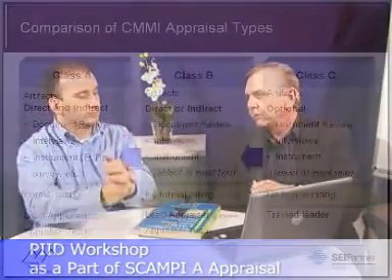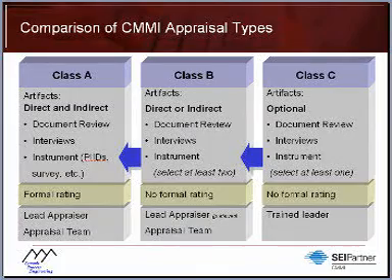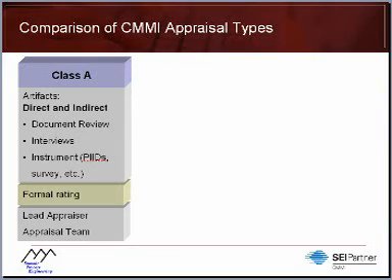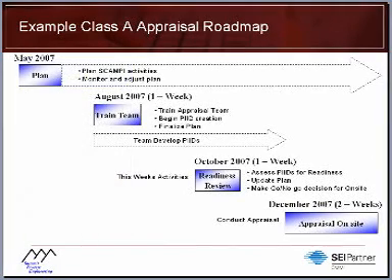As I had talked about earlier, there's 3 levels of appraisal: Class C, Class B, Class A. Class A is the only appraisal that the SEI allows lead appraisers to provide the official results of the appraisal for determination of an official maturity level.